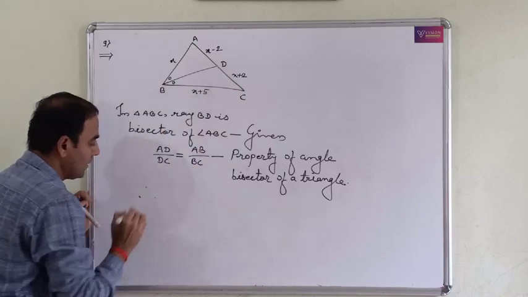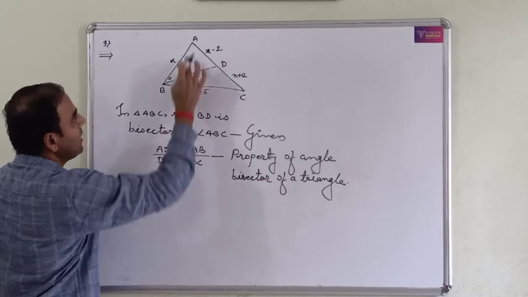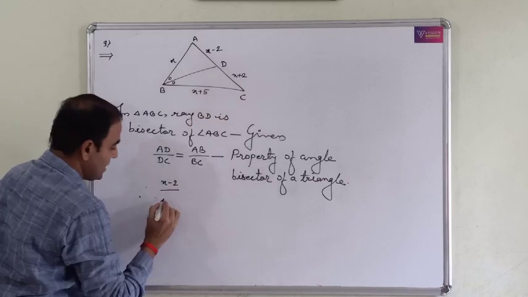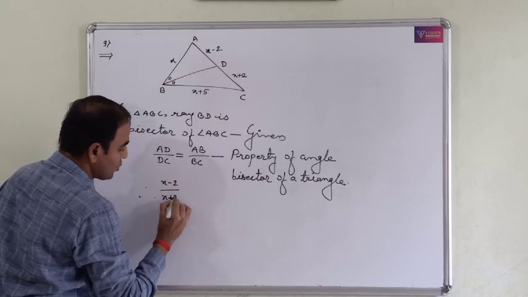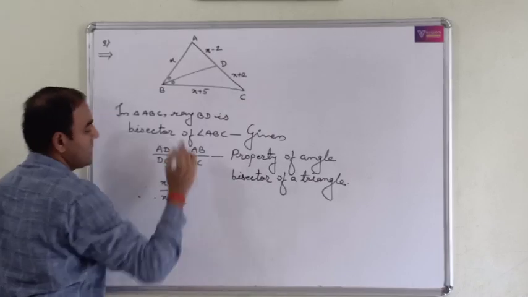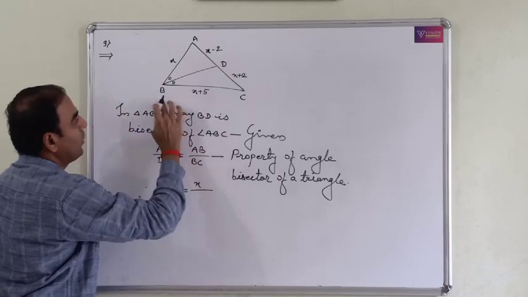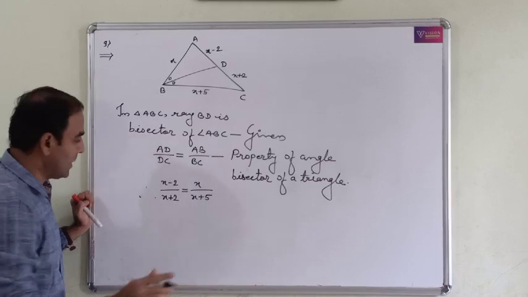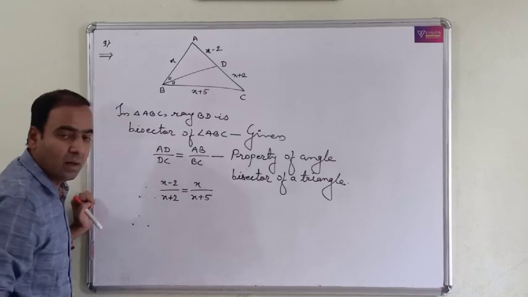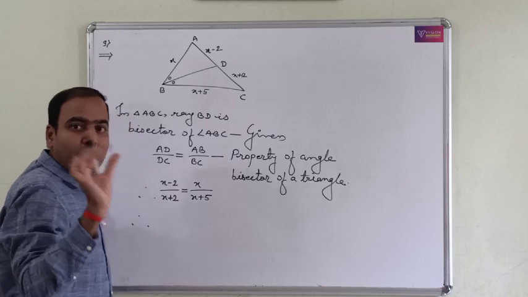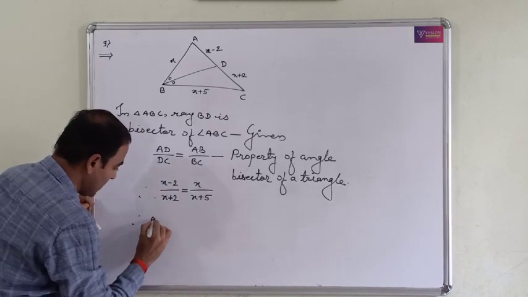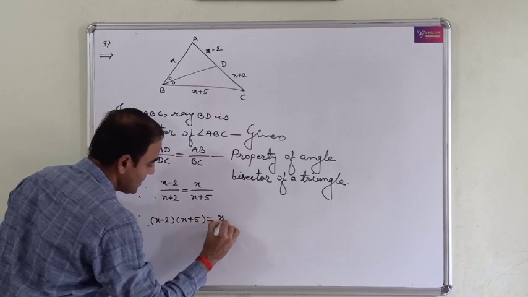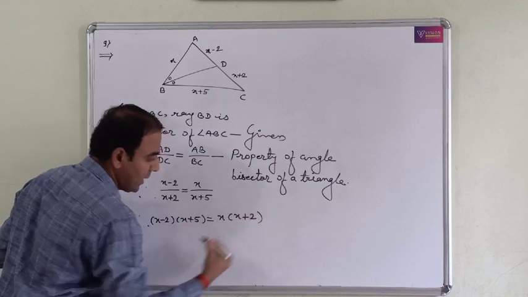Now the values which you know: AD is x minus 2 upon DC is x plus 2, is equal to AB is x upon BC is x plus 5. By cross multiplication, our target is to find the value of x. So x minus 2 into x plus 5 is equal to x into x plus 2.